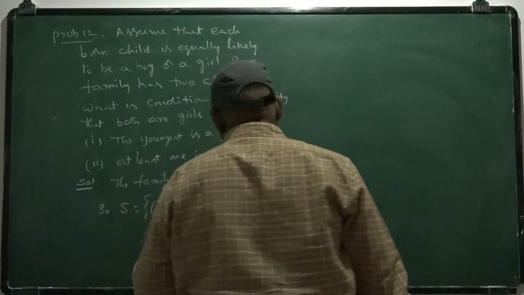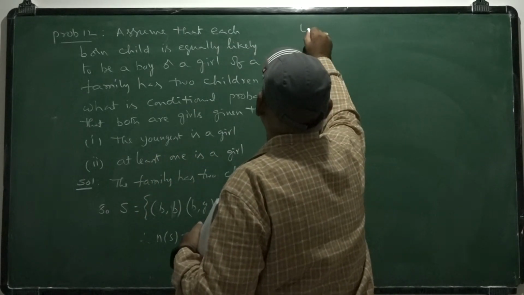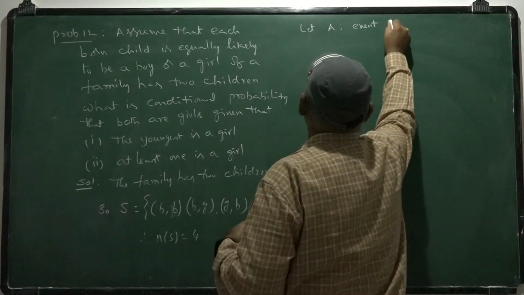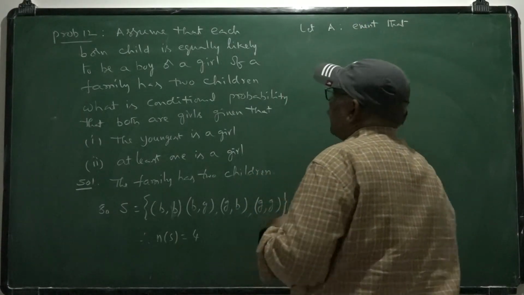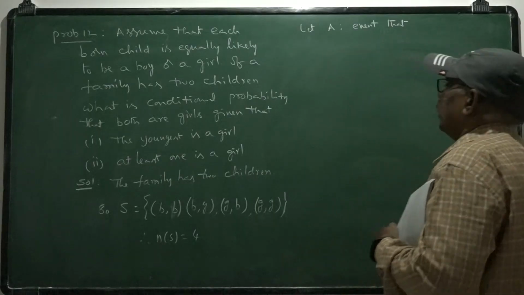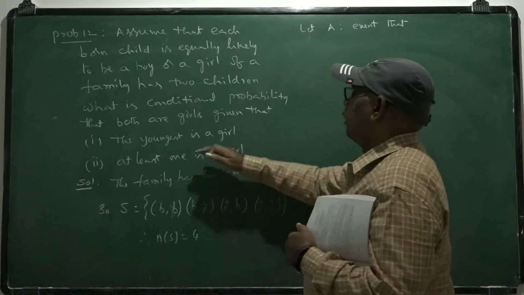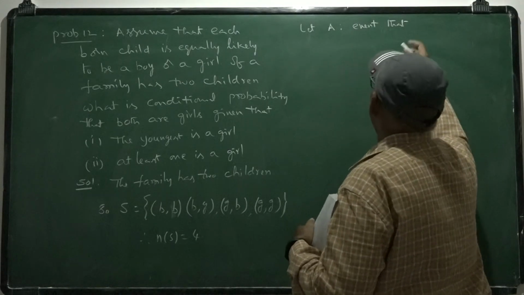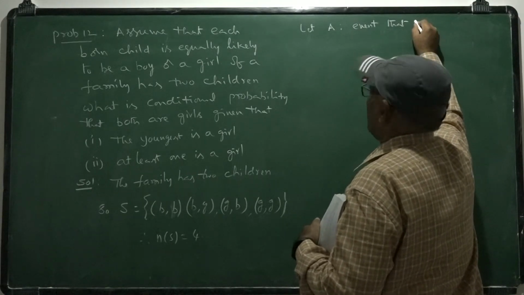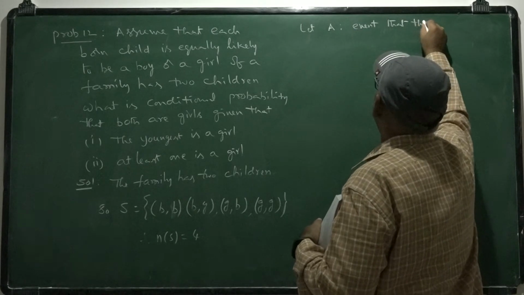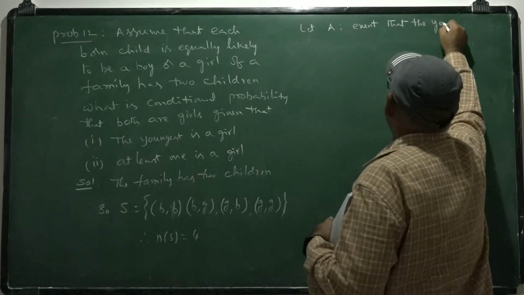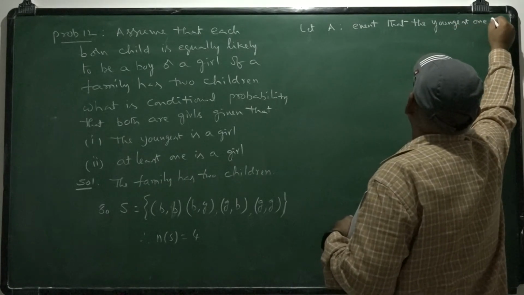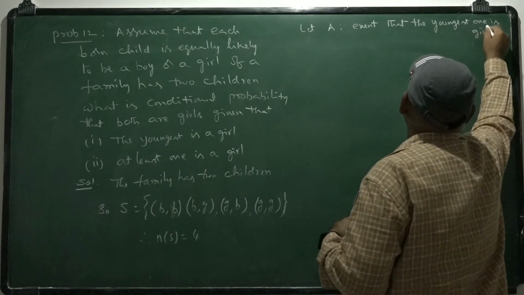Out of these 4 possible outcomes, let A stand for the event that the youngest one is girl.